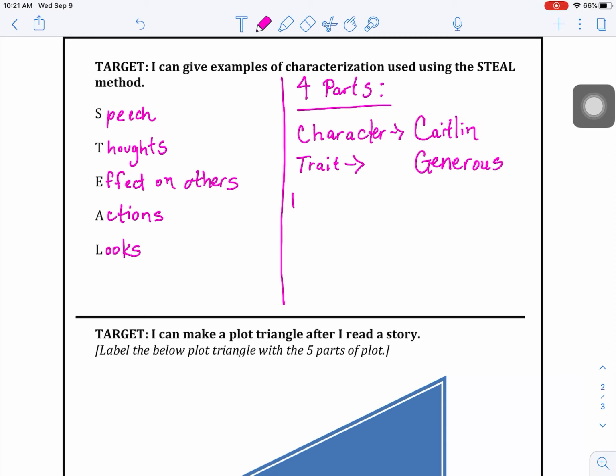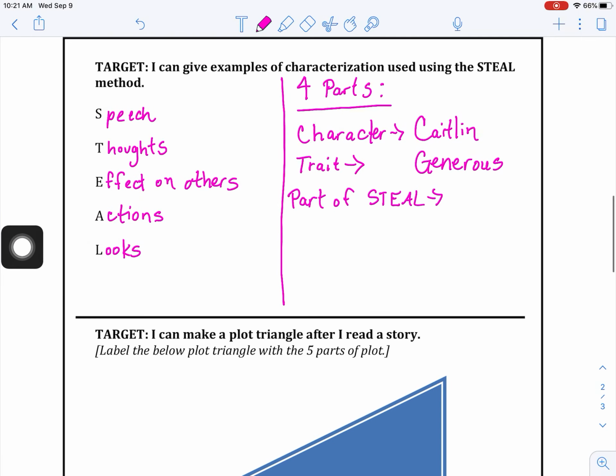The next part of characterization, what part of Steele taught us that she is generous? Well, I'm going to look over here and maybe I say actions. We learned that Caitlin is generous based upon her actions, what she does.